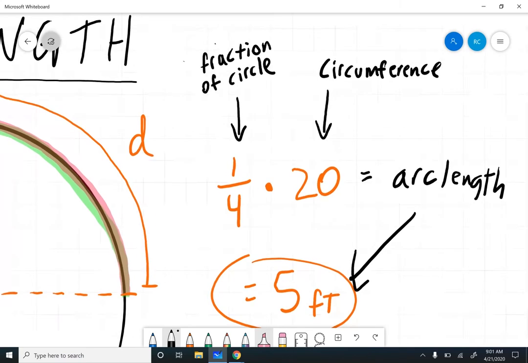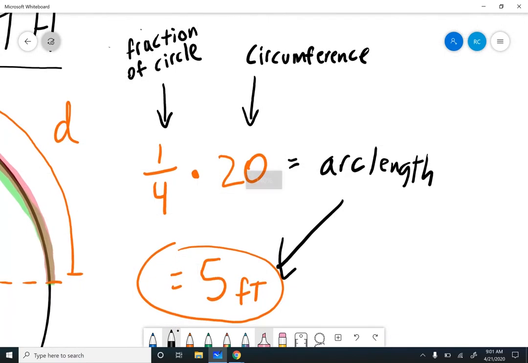And this right here is important because when we generalize this and we start looking at degrees, this will make it a lot easier. I want you to remember that arc length is fraction of the circle times circumference, okay? If you know you have half a circle, then you take the circumference and you cut it in half. If you know you have 7/10 of a circle, then you would take the circumference and multiply it by 7/10, by 0.7.